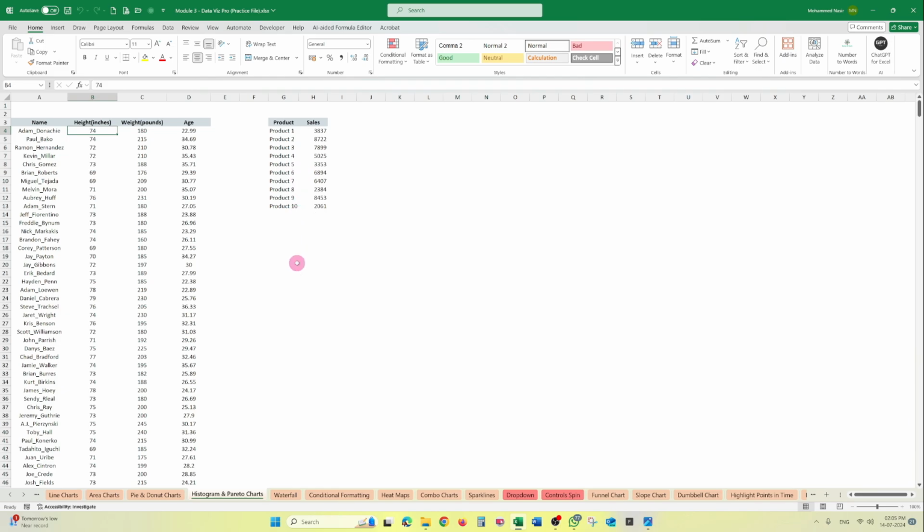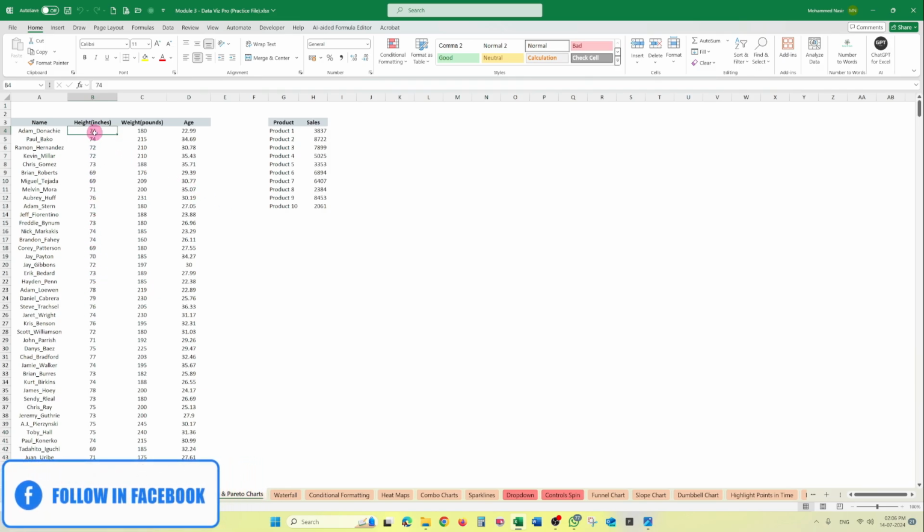So the purpose, as we have said, is that a histogram or Pareto chart is used to see a continuous distribution of a data set. In this data set, there are multiple people whose height is the same, like 74 is there, here is also 74, and there is 75. So there are duplicate values, as well as duplicate values for their age and weight.